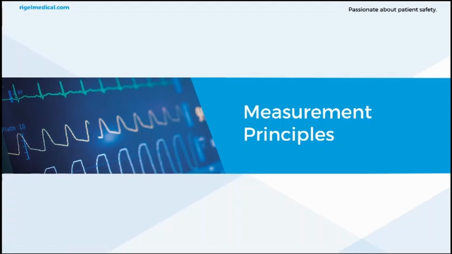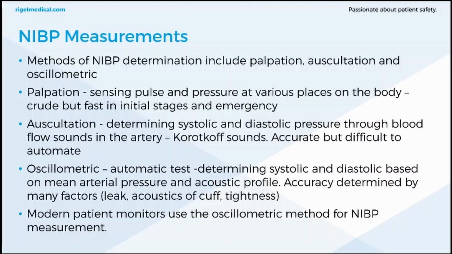So what are the measurement principles? We've got blood pressure. This can be measured both non-invasively and invasively, and it's associated with the pressure, as we established earlier, from the arterial blood vessels. Whilst the invasive method is more accurate, the non-invasive method is much more common, because invasive procedures require highly skilled people.